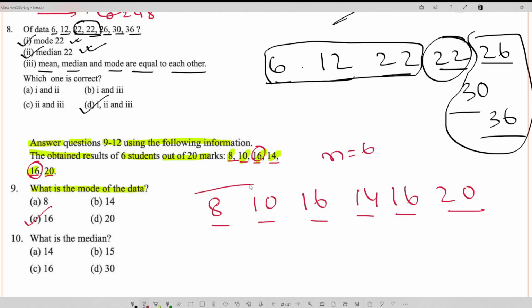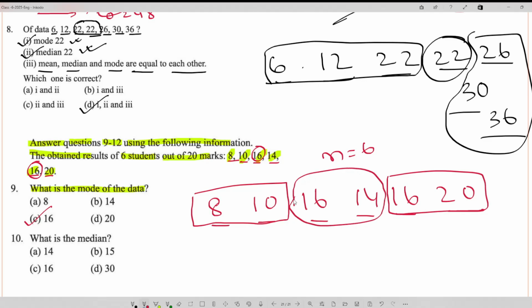So, these 8 and 10 we can divide one part, and 16 and 20 another part. Now, these 16 and 14 we have to find the mean, right? So, 16 plus 14 divided by 2, it means 16 plus 14 is 30, 30 divided by 2, it means 15. Our result is 15, which is number B.